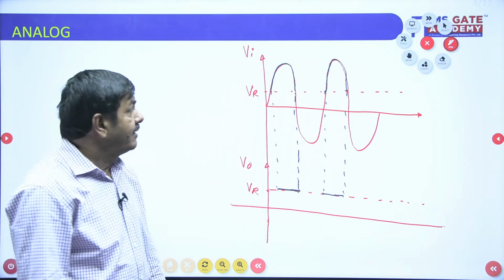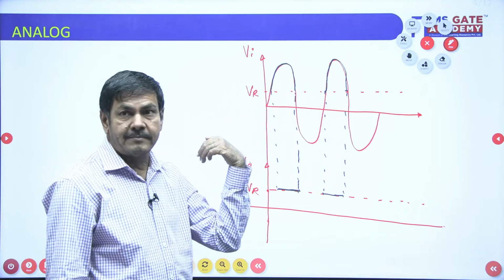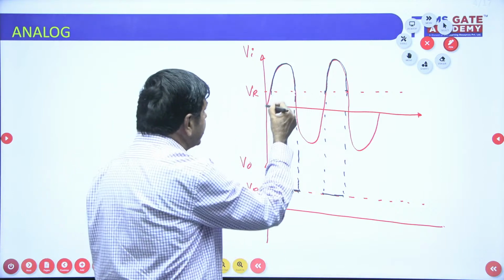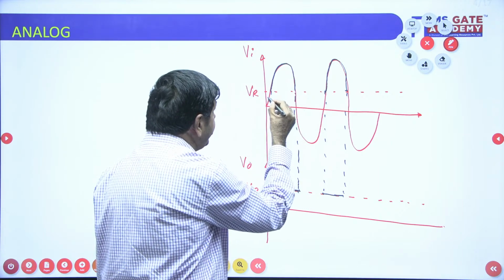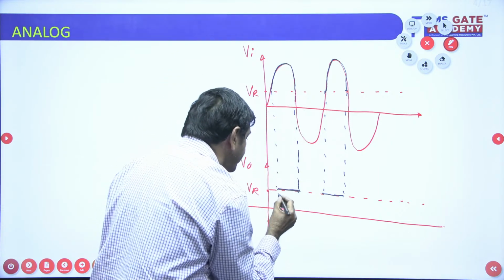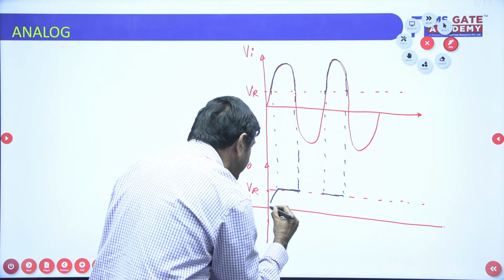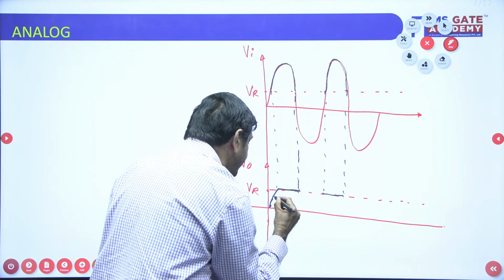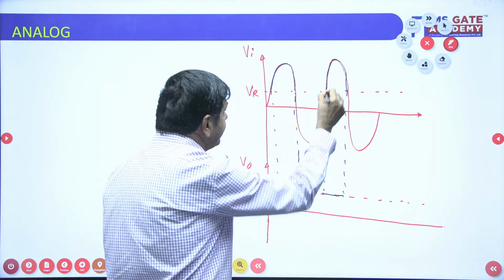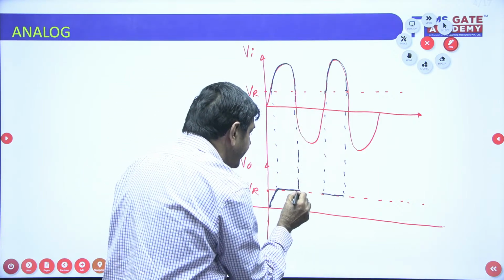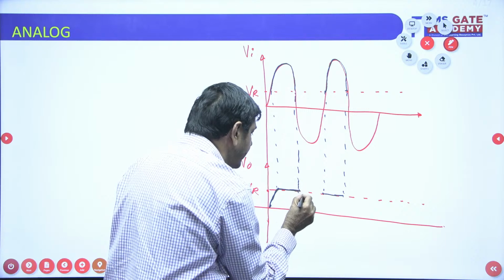If Vi is less than Vr, as I gave just now, V0 equals Vi, which means the same waveform is possible. You will get the same waveform here. This portion is less than Vr, so V0 equals Vi, and I will get it like this.